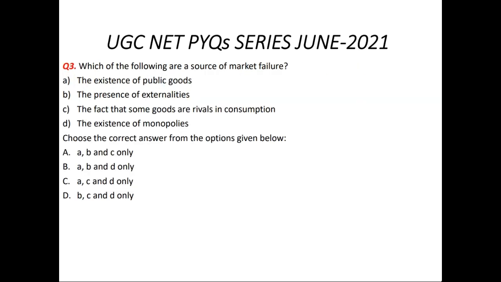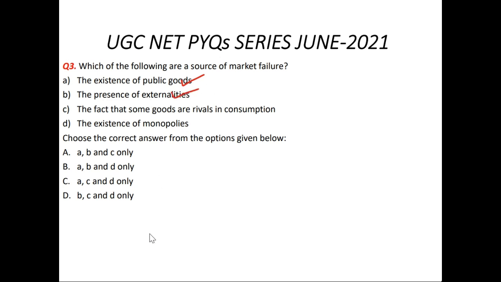Next question: which of the following are a source of market failure? There are many sources of market failure, like externality, incomplete market, public goods, information asymmetry, etc. The existence of public goods is one reason.